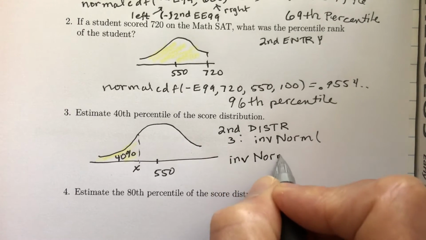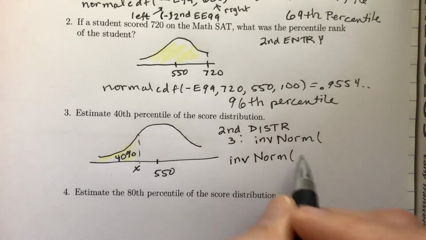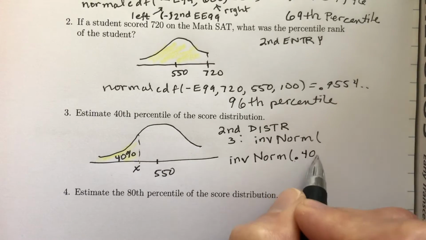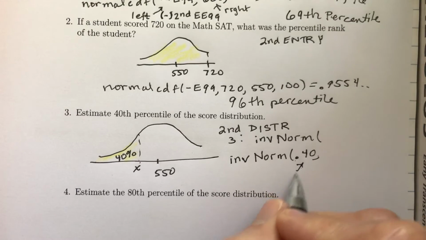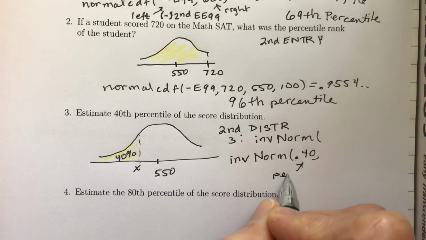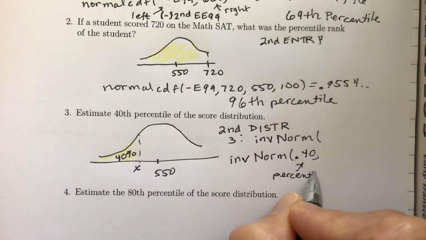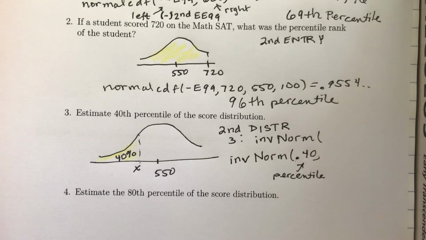I didn't write that down. Then you have to write the percent as a decimal. So I'm going to put 0.40, you just put 0.4. This is our percentile, which has to be in decimal.